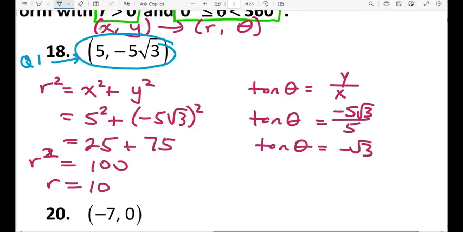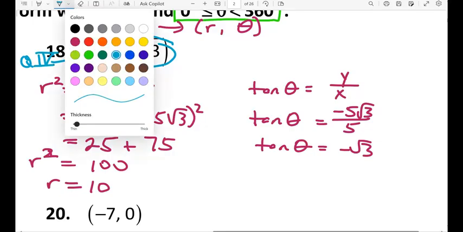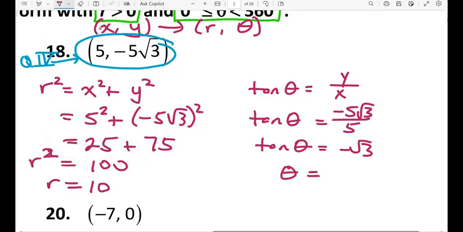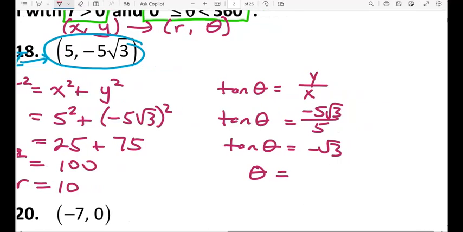That means that point is in quadrant 4. So when we find the theta value, we're going to pick the one that's in quadrant 4. So tangent of theta is equal to the square root of 3 gives us a 60-degree reference angle. But in quadrant 4 with a 60-degree reference angle, we are at 300 degrees. So that means in r comma theta form, this is 10 comma 300 degrees.